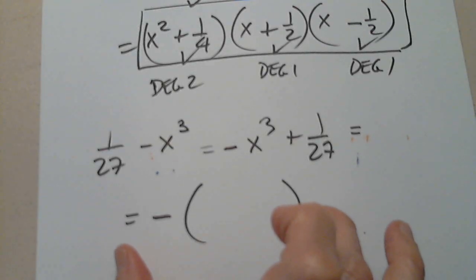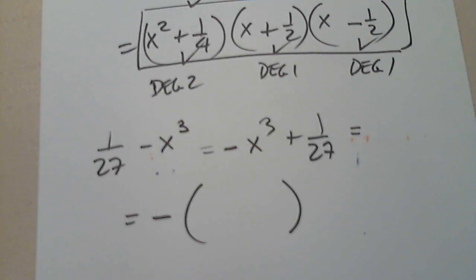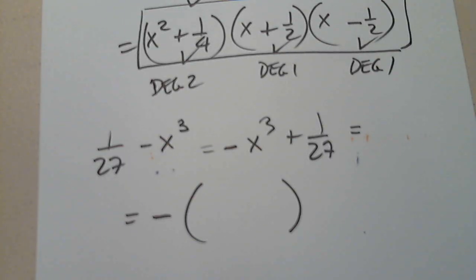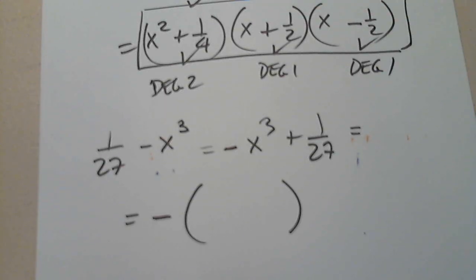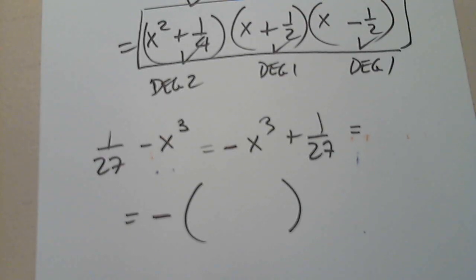So that when we multiply them, we get this. Anyone, please? What do you think? Anybody?